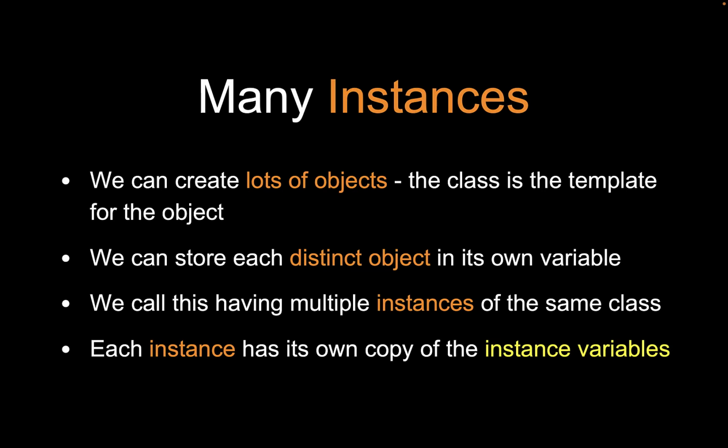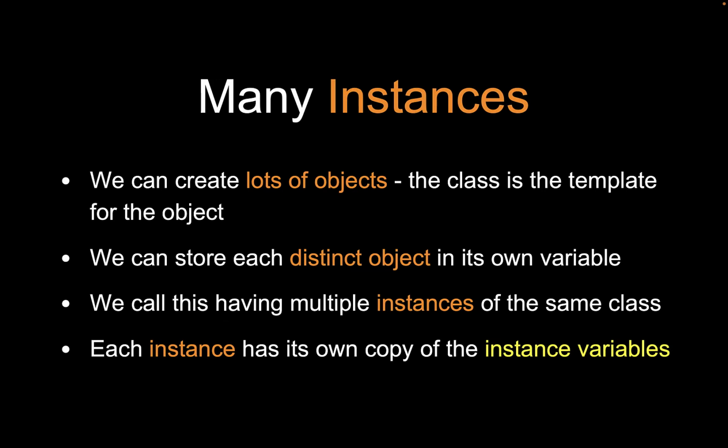The class is the template for the object. We can store each distinct object in its own variable. We call this having multiple instances of the same class. Each instance has its own copy of the instance variables for that instance. They have their own values.